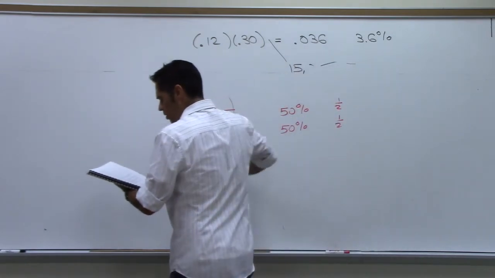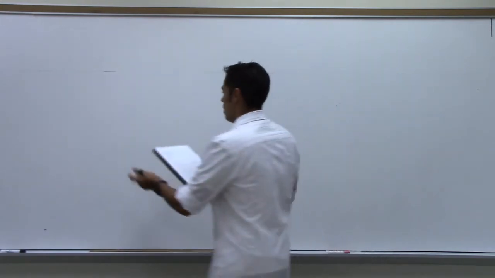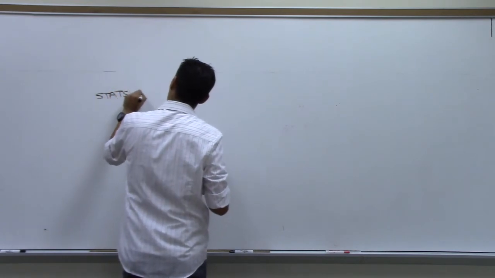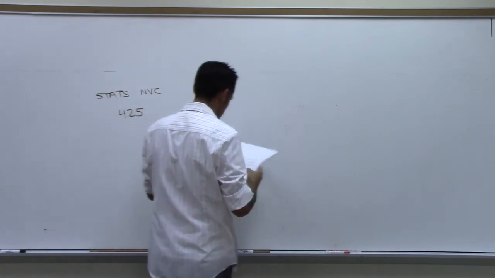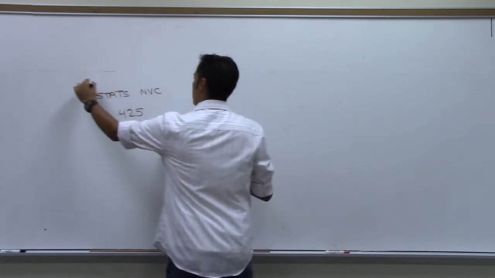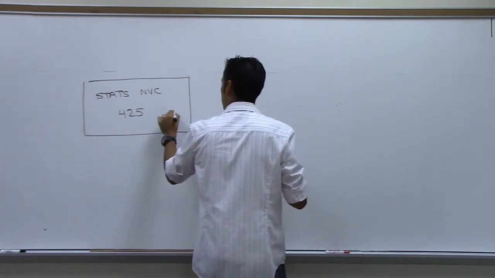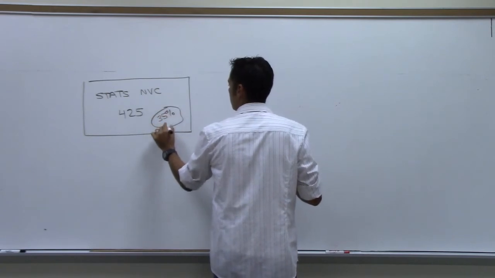Assume there are 425 statistics students at Northwest Vista. Stats, Northwest Vista, 425 students. Okay, in that group, 35% plan to go to nursing school. So of this group, 35% of that group is going to go to nursing.